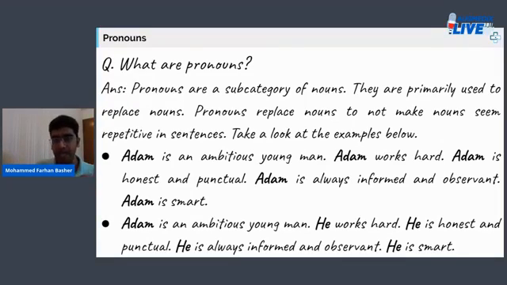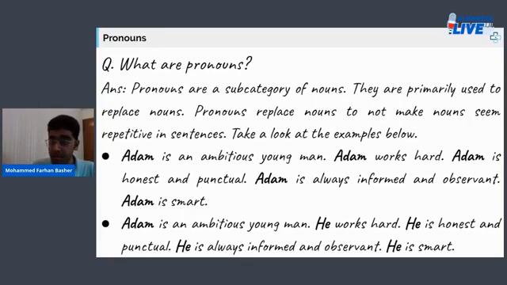So what you do is you don't take his name again and again. Rather, you replace the name with a pronoun, right? Like in the second example, Adam is an ambitious young man. He works hard. He is honest and punctual. He is always informed and observant. He is smart. Note, it doesn't sound repetitive or irritating if you keep using the pronoun every time you have to talk about Adam.